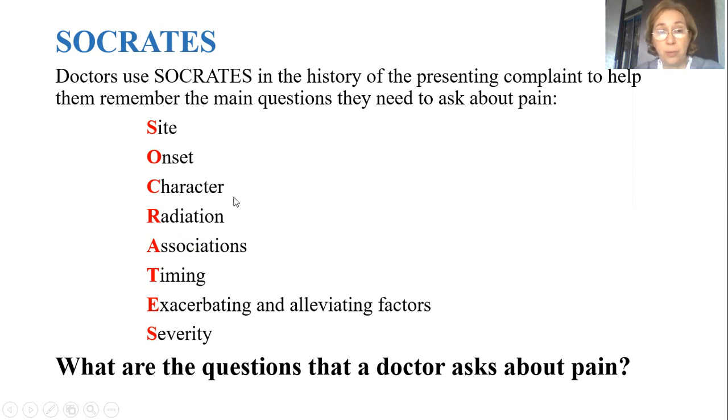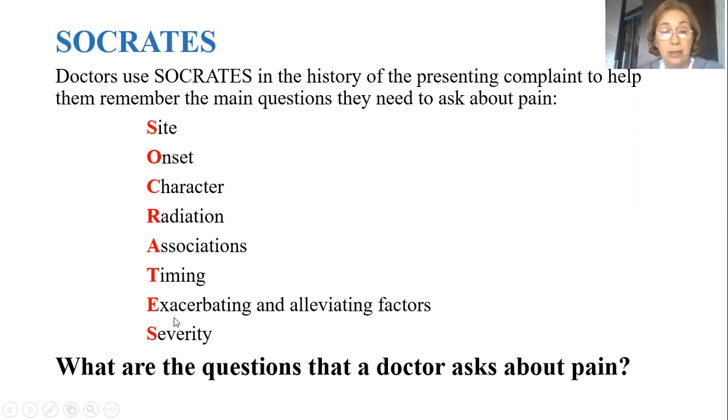So the doctor should ask about the character of pain. Radiation is the question about whether the pain radiates or moves from one part of the body to another, for example, from the stomach to the back. Associations are the conditions associated with this pain. Timing is about how long the pain lasts.